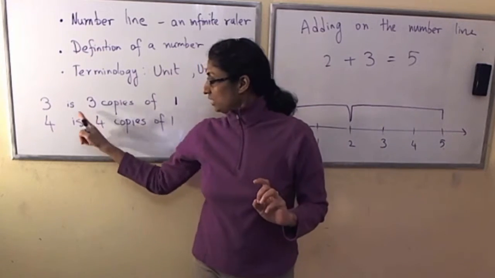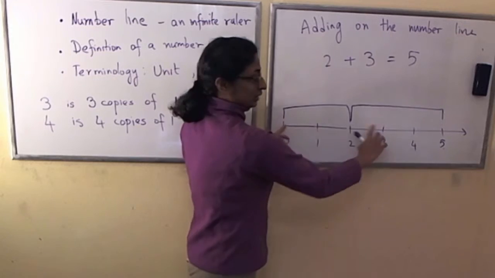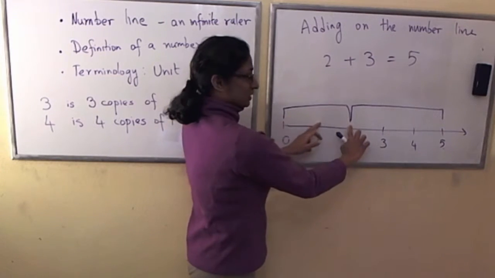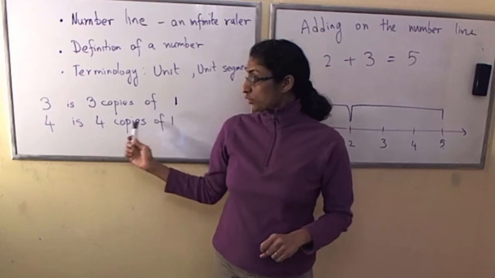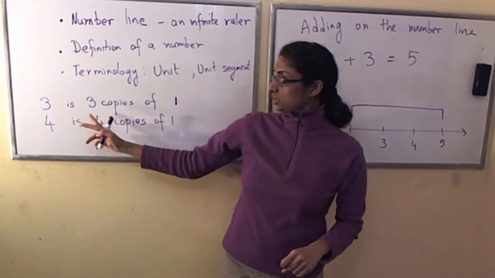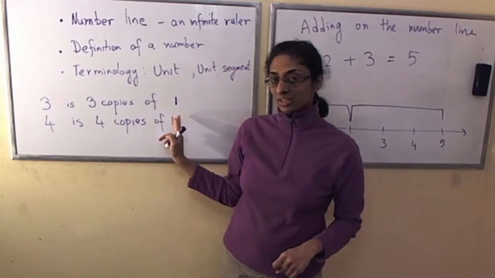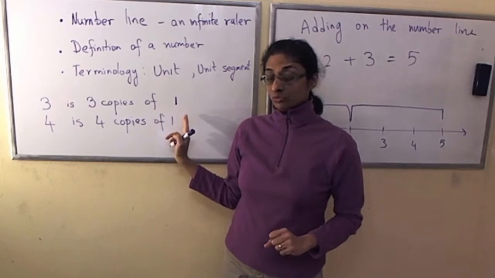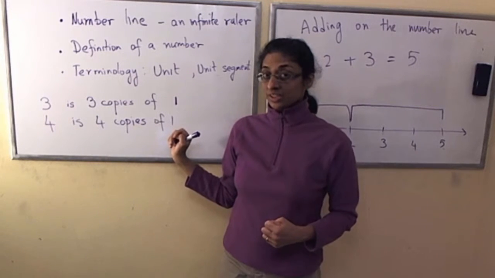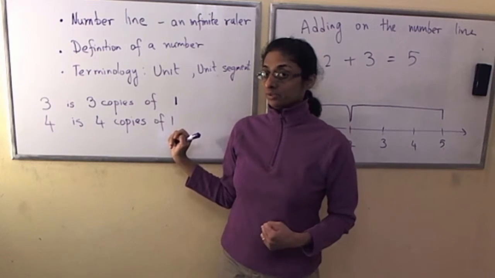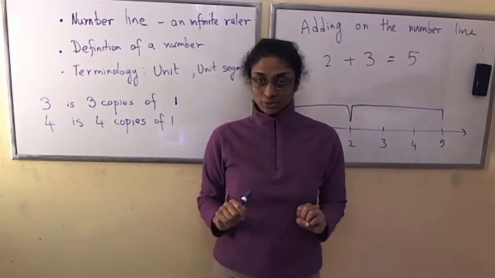So when I say 3 is 3 copies of 1, I mean this length 3 is this length 1 plus this length 1 plus this length 1. That's all it means. And same, 4 is 4 copies of 1. The reason I'm introducing this vocabulary or this kind of phrasing is that when we talk about fractions, it will be useful to talk about it in this manner. You'll see it when we get to that video.